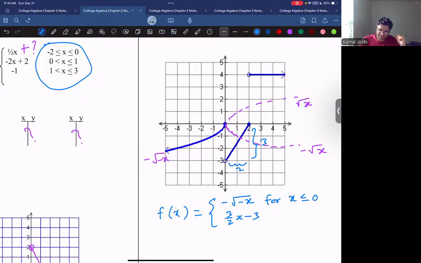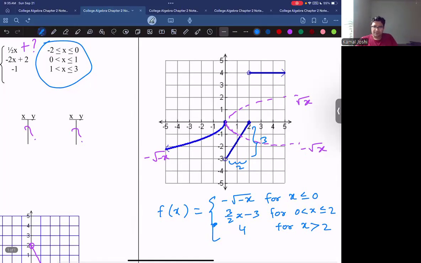Straight line, right? For 0 less than x equal or less than 2. And then, sorry, I should have made this longer. After that, it is constant, and the constant value is 4 for x greater than 2.